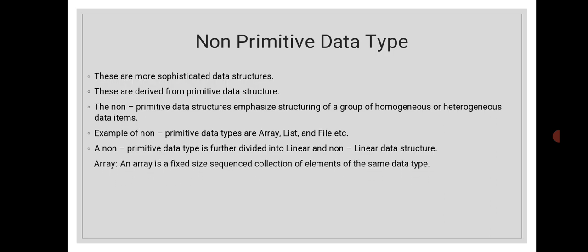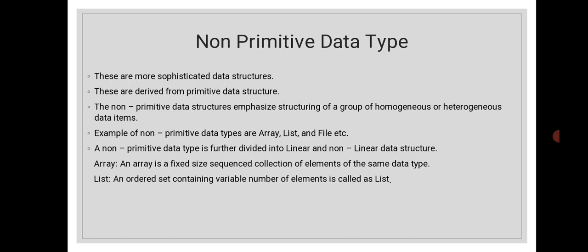Okay, array is a fixed size sequence collection of elements of the same data type. Suppose I have a character A with square brackets with a size 10, or a dimension 10. Dimension size is 10. You remember that, right?